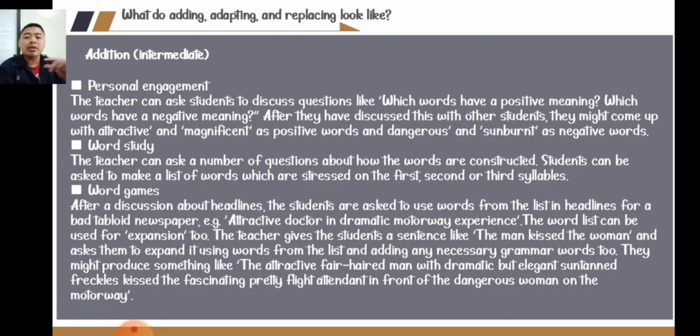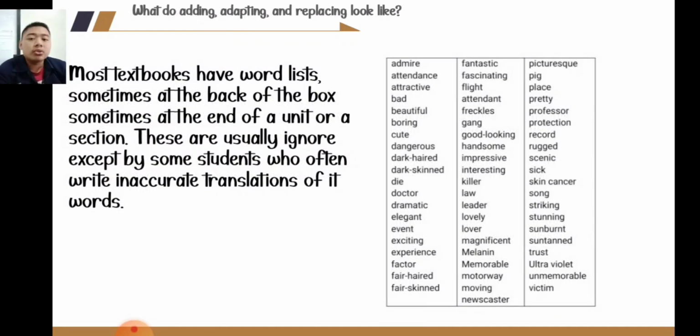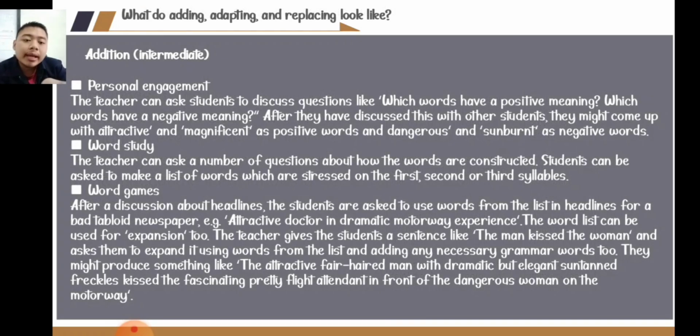The teacher for the first time gives the headlines. After that, next time the teacher gives the second headline. There are two headlines, and next time the student can add words from the word list inside the headlines or inside the titles of the news. Then it will happen like this: attractive fair hair, which is in the word list.